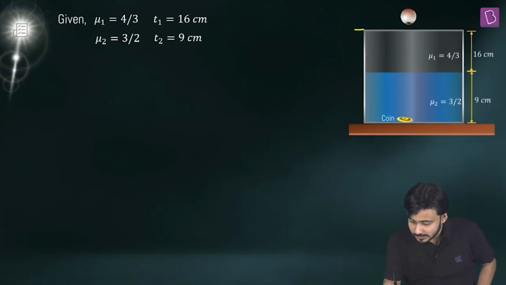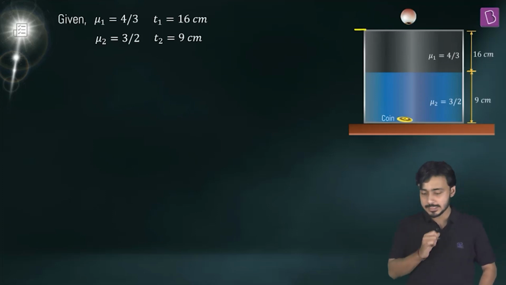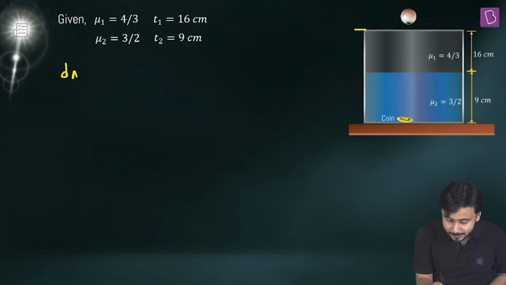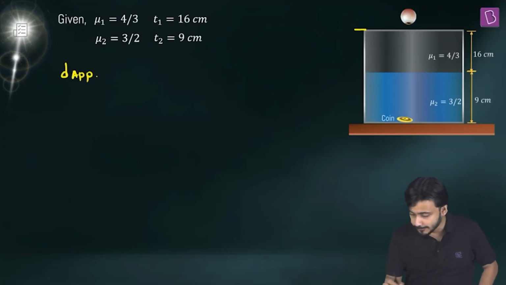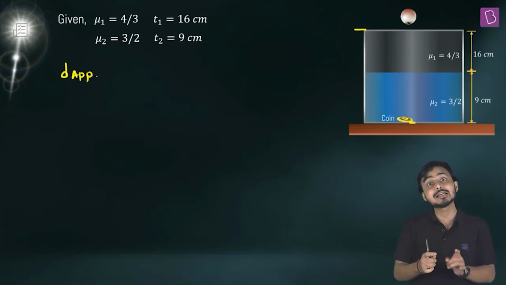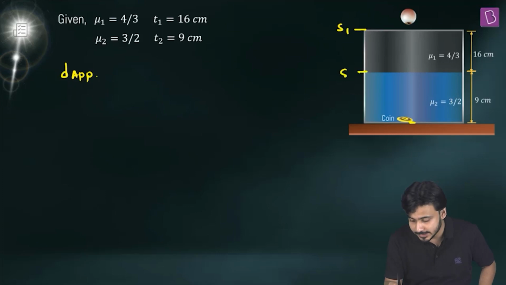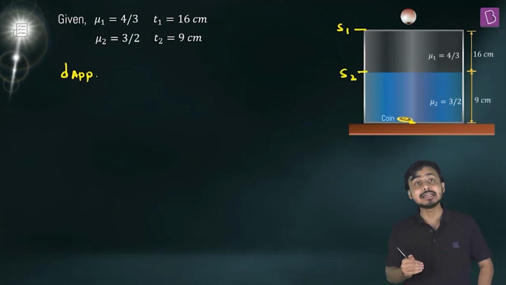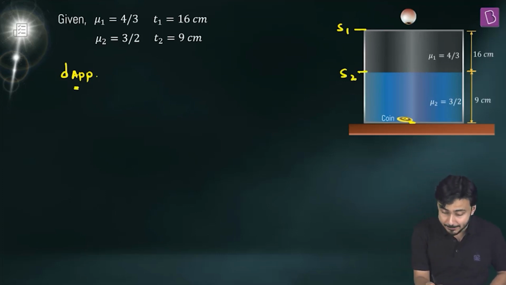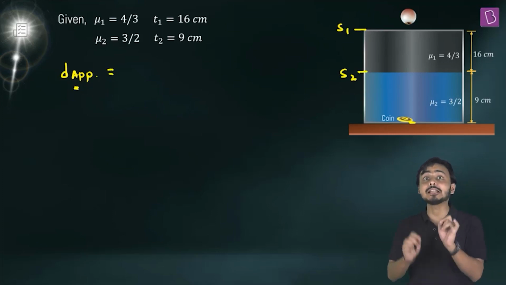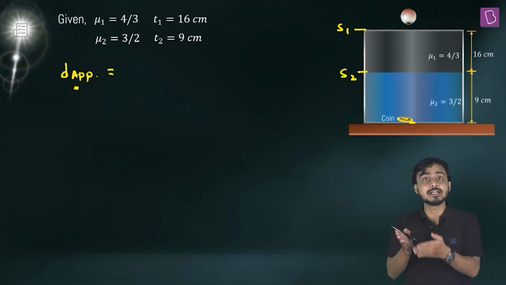From here, the observer is in air. So what is the apparent depth of the coin? That is the location of the image from the first surface S1. Let's say this is the surface S2. The apparent depth of coin is given by the formula you have already studied for multiple parallel slabs.